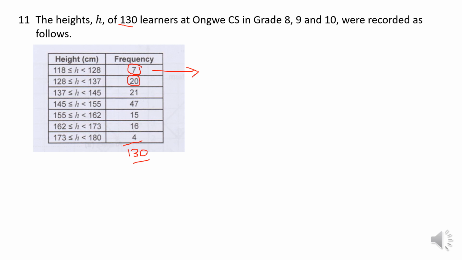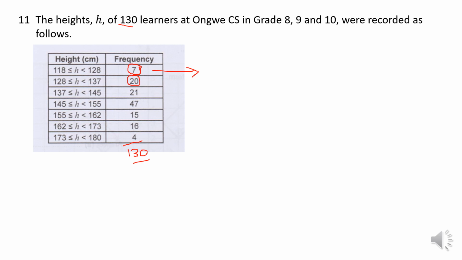Something else that I need to highlight is that we will be asked later on to find the estimate of a mean. And here's the thing about that question. Let's take this group of 7 learners. We don't know who has got which height. We only know 7 of them have a height that is between 118 and 128.